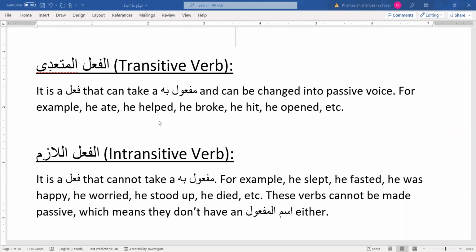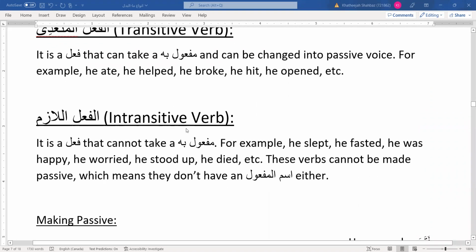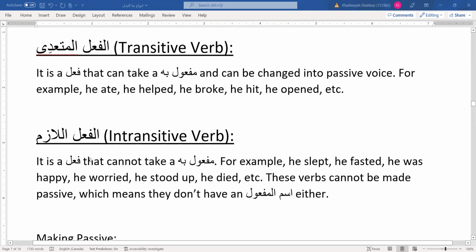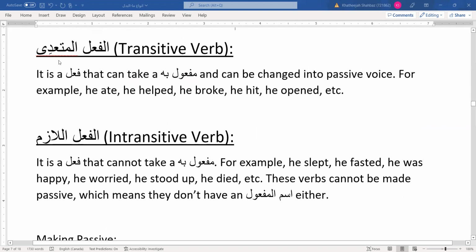Intransitive verb, or al-fi'lul lazim. In contrast to al-fi'lul muta'addi, this al-fi'lul lazim cannot take a maf'ul bihi. For example, I say he slept.